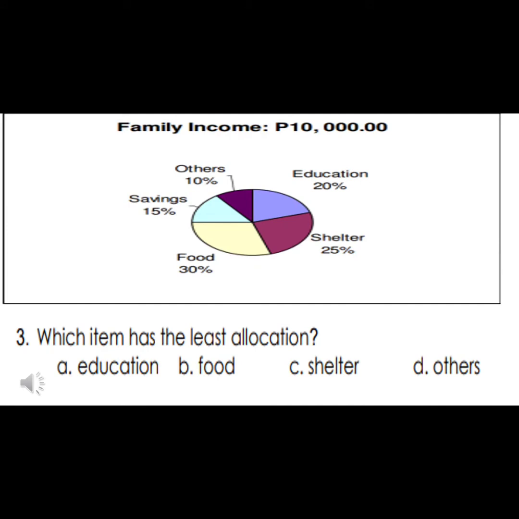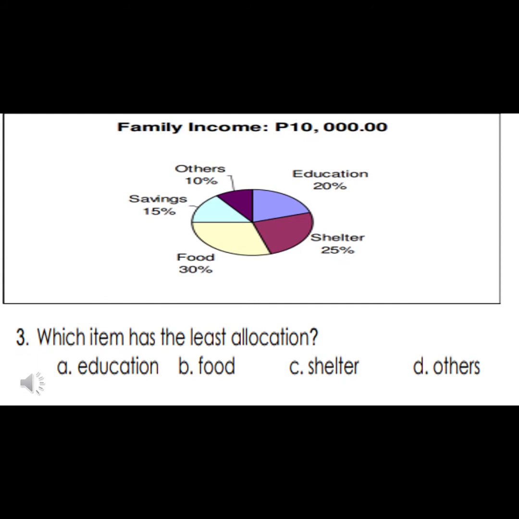Okay, next we have number 3. Which item has the least allocation? What do you mean by least allocation? The smallest, the one that is given the least allocation. We look at the pie graph.